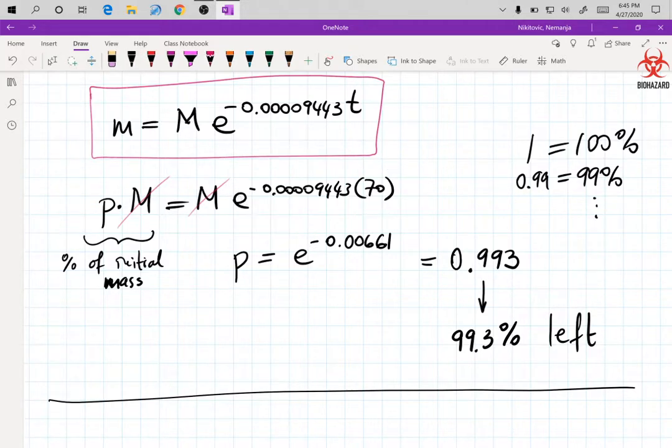Because it's been 70 years of decay of thorium. Oh yes, it's above the division sign. So you have to use the second.